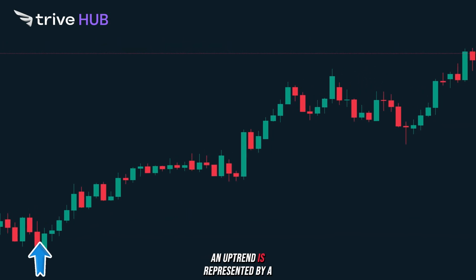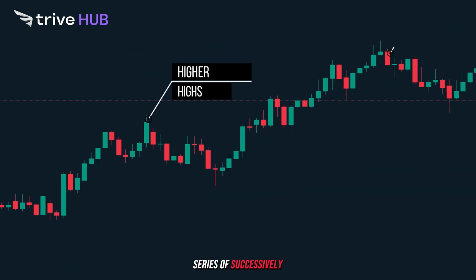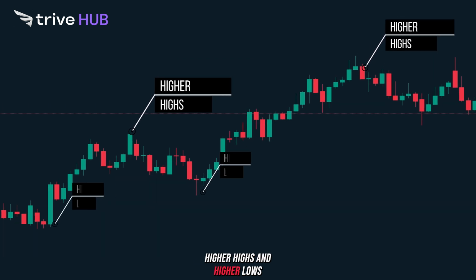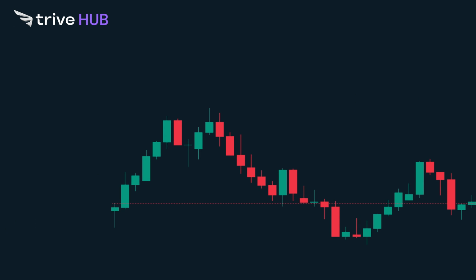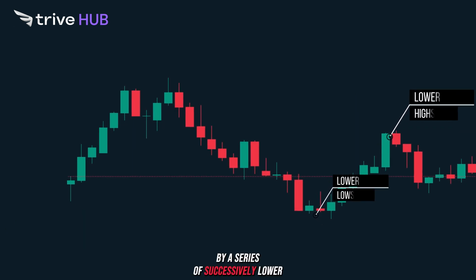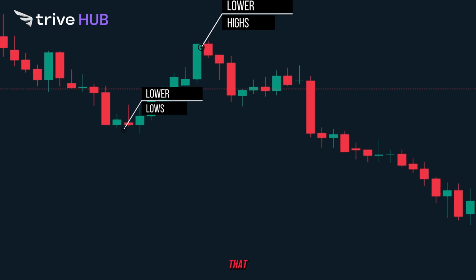An uptrend is represented by a series of successively higher highs and higher lows, while a downtrend is represented by a series of successively lower highs and lower lows, and we know that.